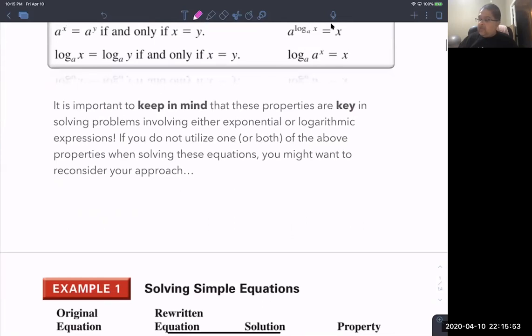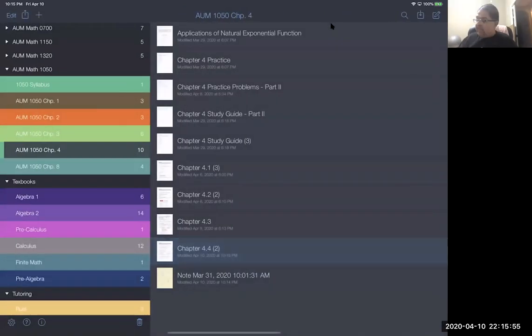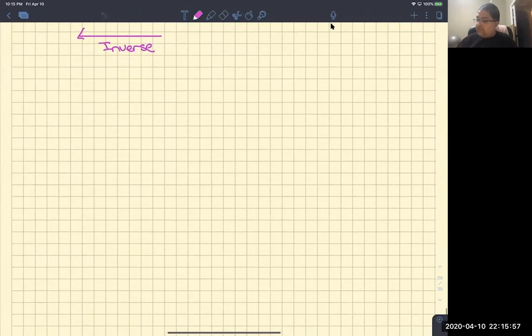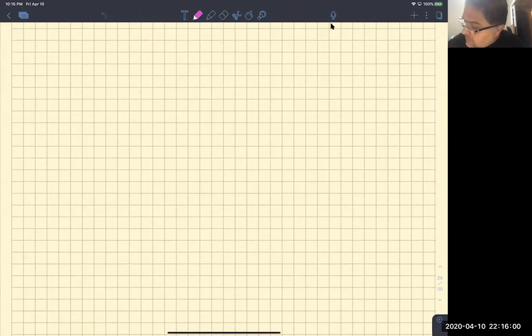So let's say I have a problem like this. 3 to the x equals 27. Well, the easy way to solve this equation is to say, okay, is there any way I can rewrite 27 using base 3?